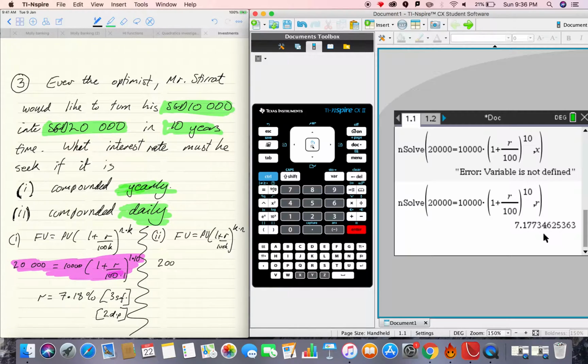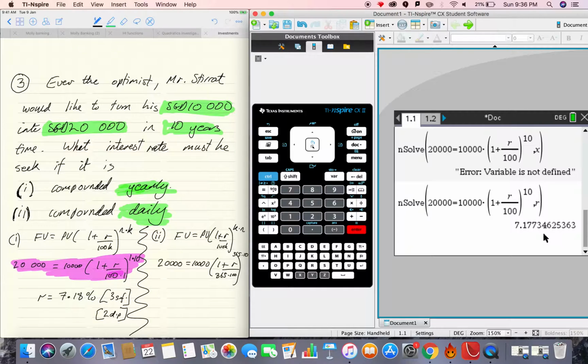20,000 final value equals present value times (1 plus r over 365 times 100) to the 365, that's the k. K is the number of compounding periods, and that's 365 times by 10.